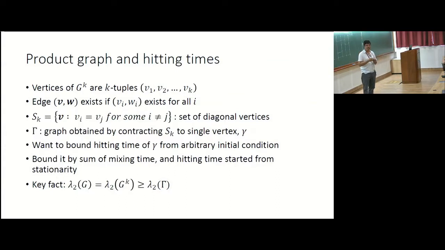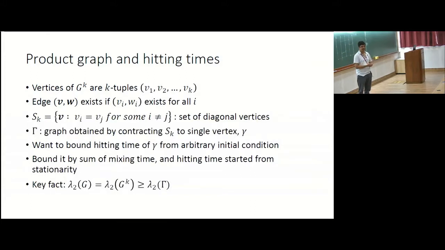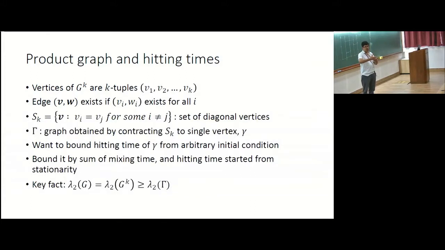So how do you bound the hitting time of this vertex? You bound the hitting time of this distinguished vertex, little gamma, starting from an arbitrary initial condition. So you split it as the mixing time from that initial condition to stationarity, and then starting from stationarity, how long does it take you to hit this distinguished vertex?